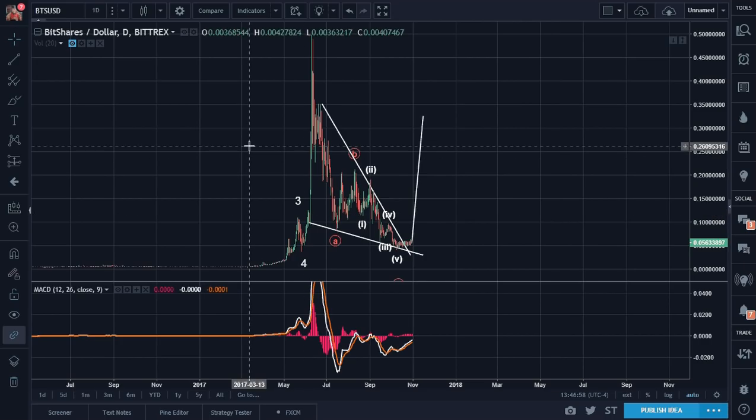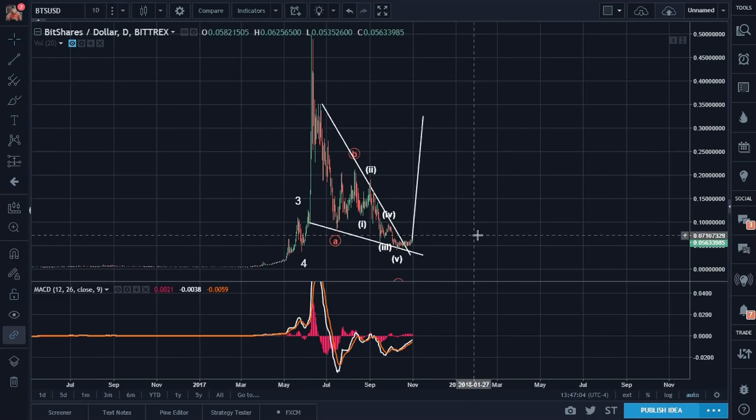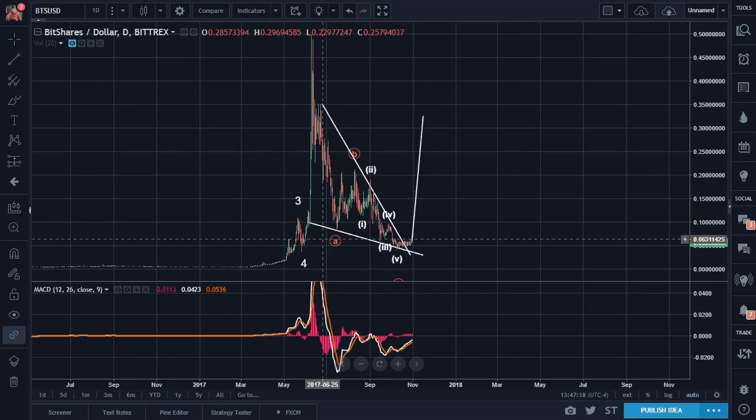So whether I'm showing you BitShares or OKCoin, it almost doesn't matter because of the very high similarity index. It's like telling two identical twins what they look like. It wouldn't matter which one you use as an example, right? But anyways, let's go back to BitShares here.